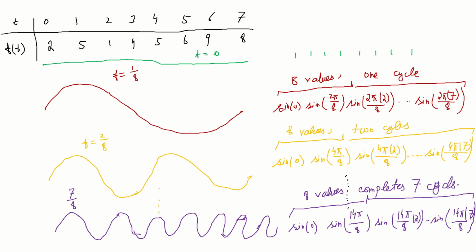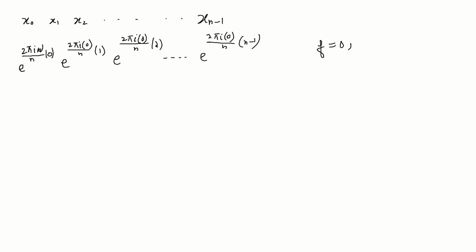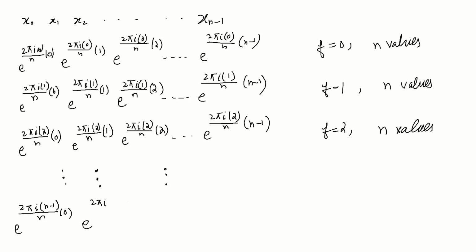Let us generalize it. Suppose we have n discrete values of a function at time t equals 0 to t equals n minus 1. These values are represented by x0, x1, x2 and up to x n minus 1. Instead of using sine waves, we use exponentials of different frequencies.